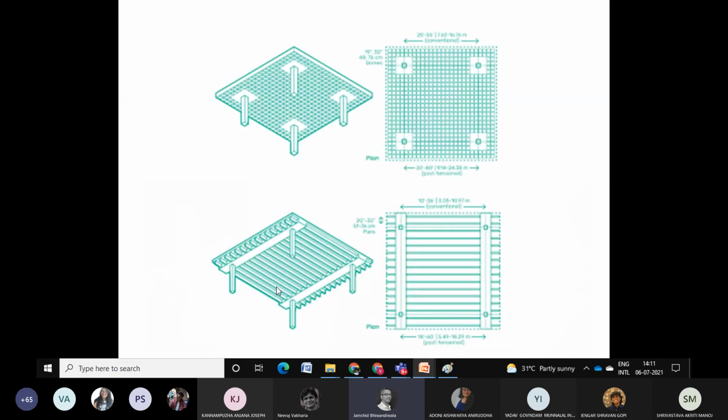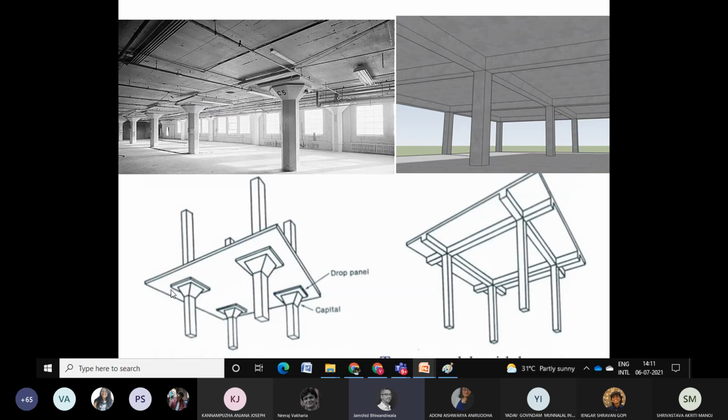To the right, you're seeing what is called a flat slab. I'm just introducing you to the concept. We are not looking at it in detail. In a flat slab, the slab thickness naturally increases, because I'm encompassing the beam within the thickness of the slab. It's as good as having hidden beams.